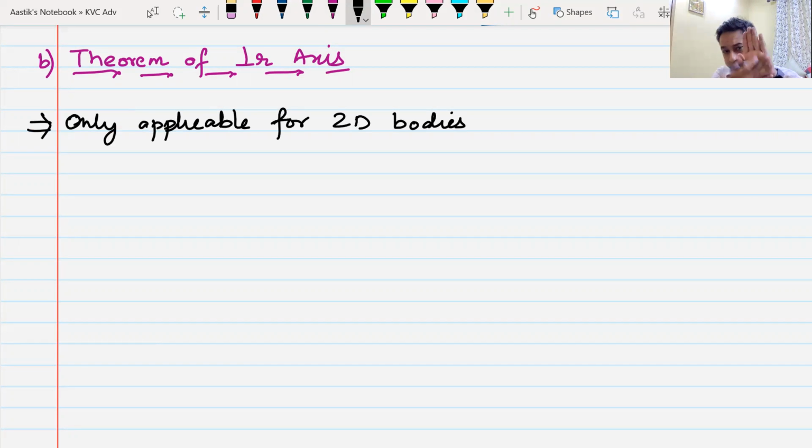A surface, a plate, disc, rings. It is only applicable for 2D bodies. We call them laminas.